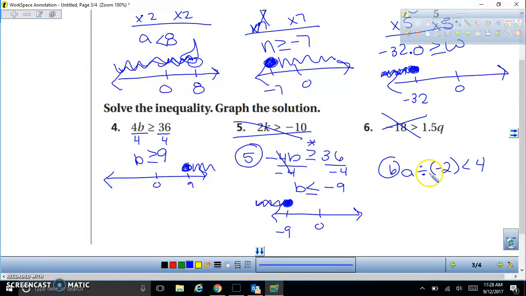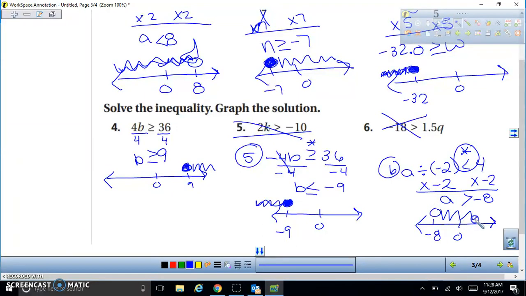We're going to undo a division of negative 2 by multiplying by negative 2. And we'll have to flip our sign. You have to flip this. So now it's going to say A is greater than negative 8. And our shading is going to be different. 0, okay, negative 8, open circle, and A is greater, so we're going to shade to the right.